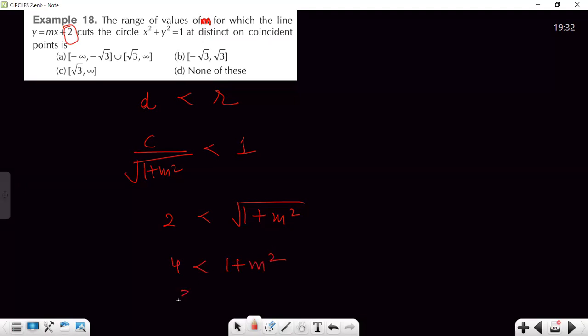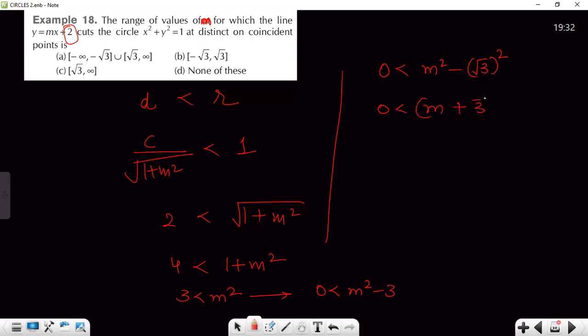Now 4 minus 1 becomes 3 less than m square. It can be rewritten as 0 is less than m square minus 3, that is m square minus root 3 whole square, so 0 less than (m plus root 3) into (m minus root 3). Marking minus root 3 and plus root 3 on the line from minus infinity to plus infinity, use the wavy curve method.